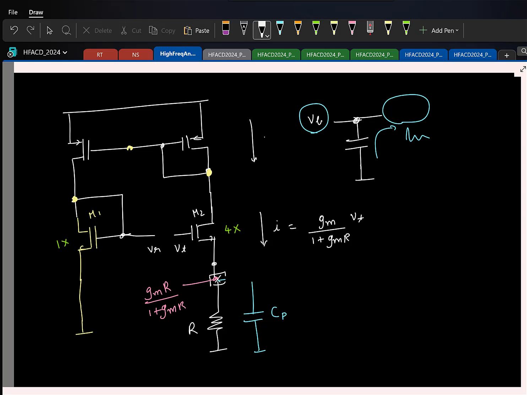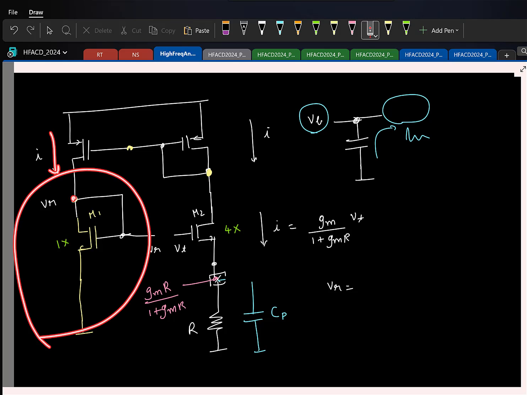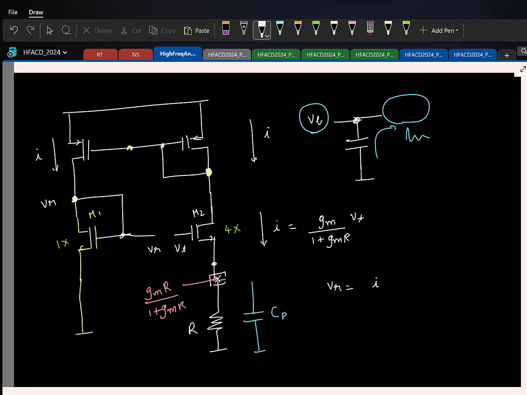So this current is I, the same current is mirrored here. So what will be this voltage? This is the return voltage. What is that? If this is I, what is this voltage? You have a current getting pumped into this node. What is the resistance here? What is the voltage? I by Gm. So if I do this, what do you get?